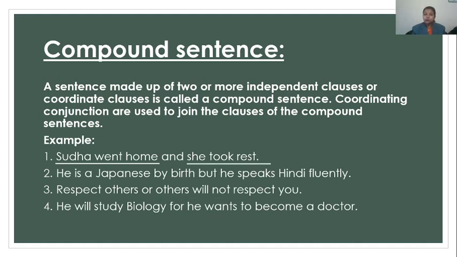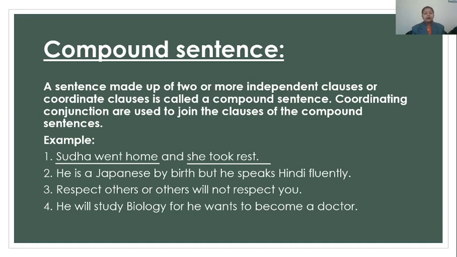This is also an independent clause. It is complete in its meaning, and both the independent clauses are joined with a conjunction, and. This and is a coordinating conjunction, because when you studied conjunctions, we studied two types, subordinating and coordinating. Coordinating helps in joining independent clauses. This definition was clear to you in that class. So this is a compound sentence.